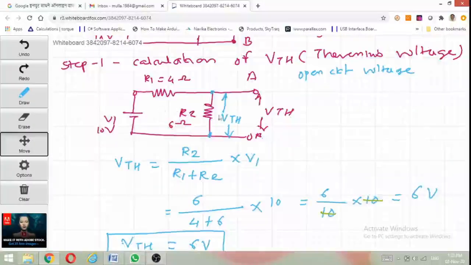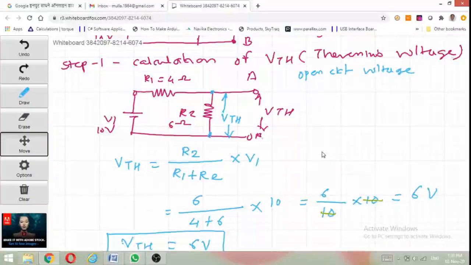The next step is the calculation of RTH. In this circuit we have calculated the value of VTH. Before the calculation of VTH we removed the load resistance RL between terminals A and B, whose value is 2 ohm. Then the measured voltage at terminals A and B is VTH, and this voltage is across resistor R2.